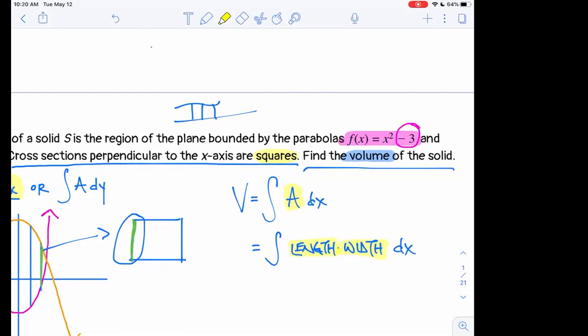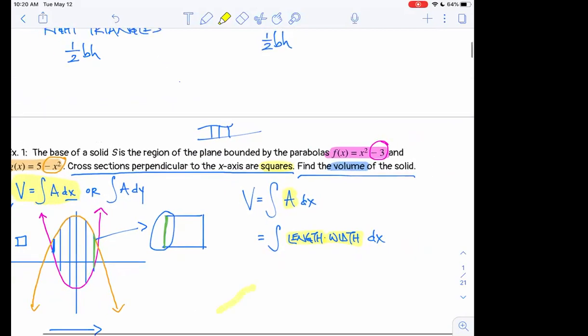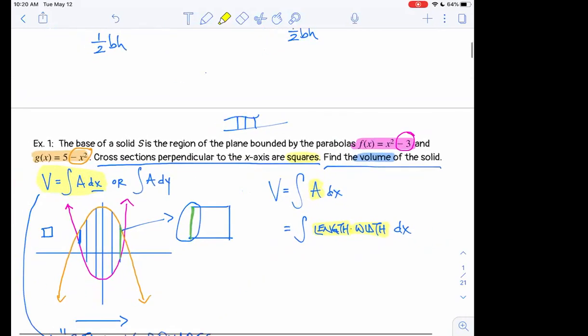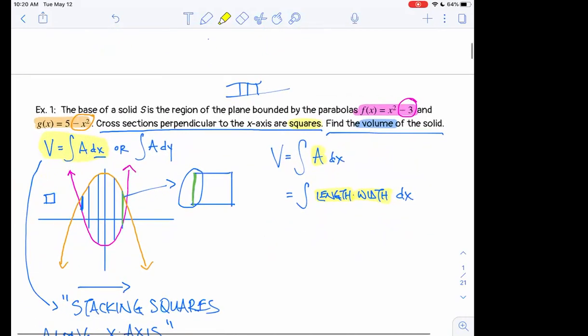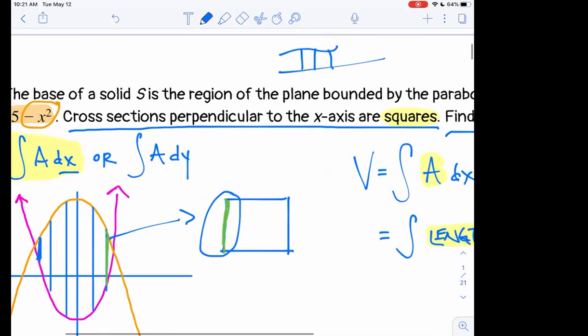So let's go back and look at our diagram for a moment. When we look at our diagram, the blue lines that I drew, we can say that those represent the length of the square, okay?